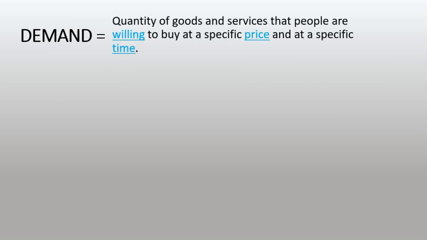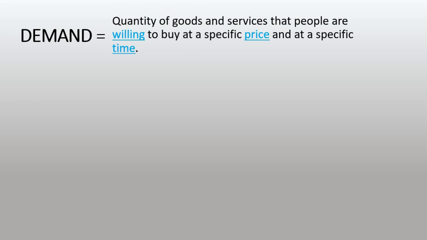In the previous tutorial, we looked at the concept of demand and we said that this is where people are willing to buy a product at a specific price. Now, it's important to know that there is a certain relationship between the price of a product and the demand for the product.